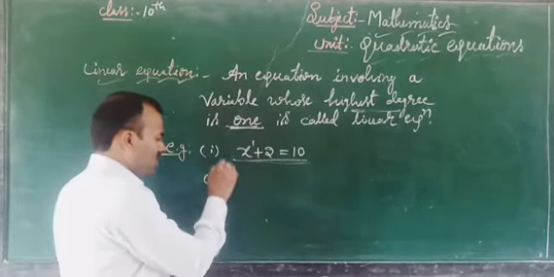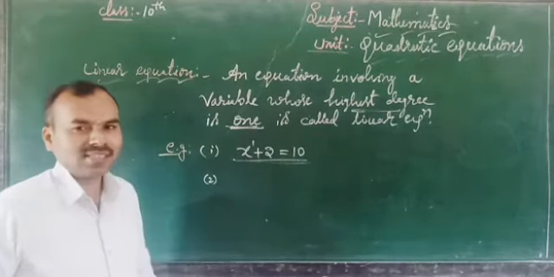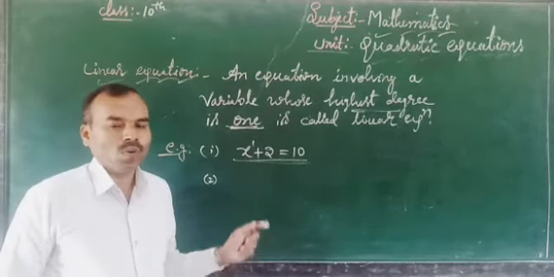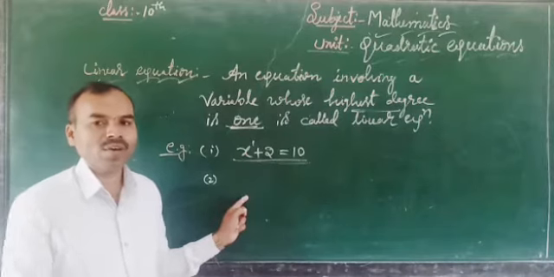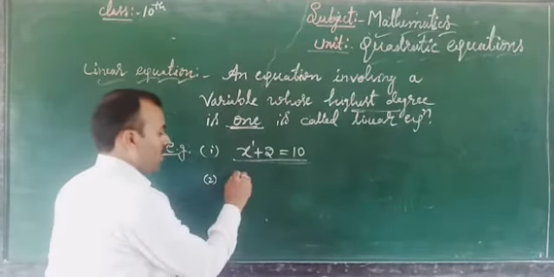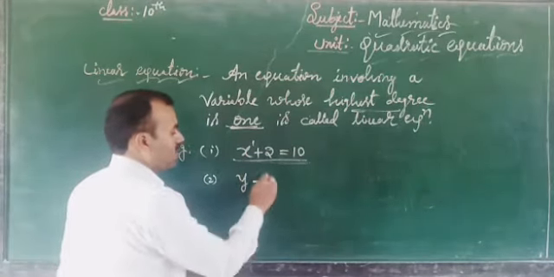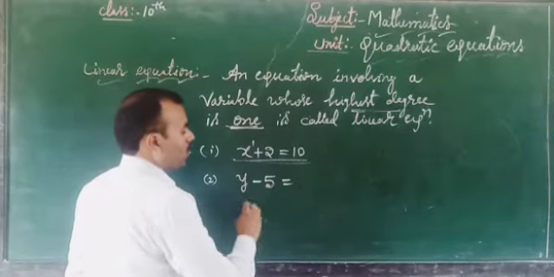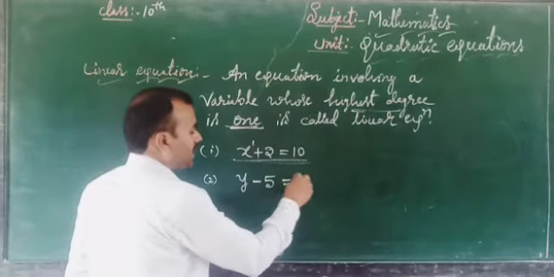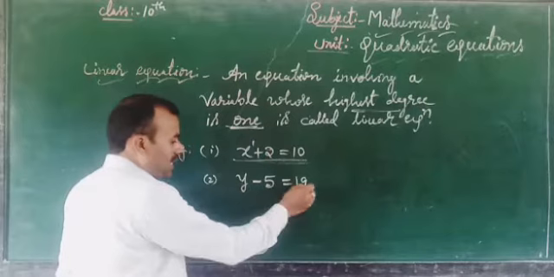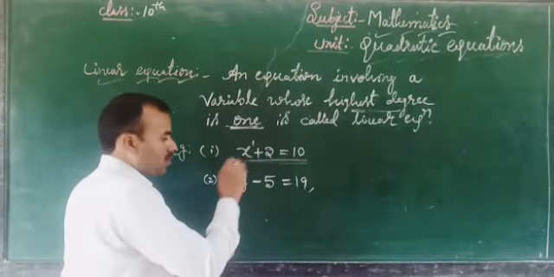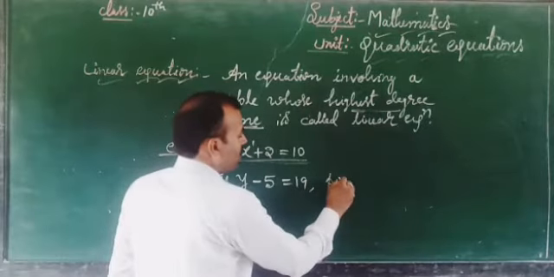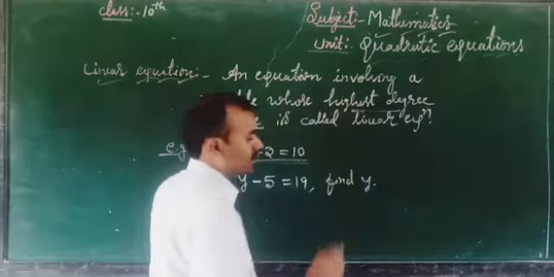Okay, dear students, I will give you one equation and you find the value of the variable. If y minus 5 equals 19, find y.